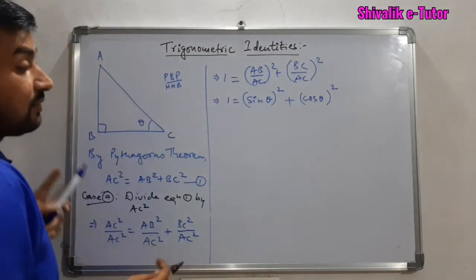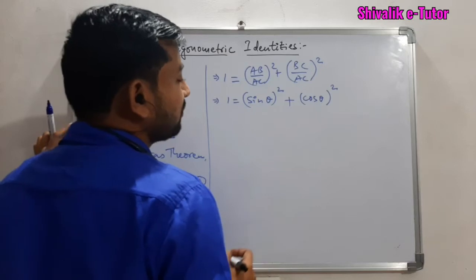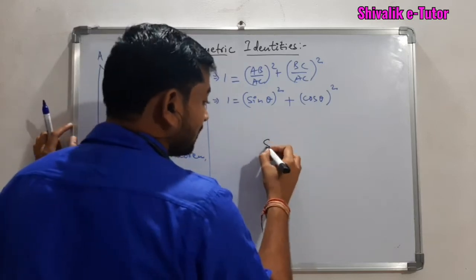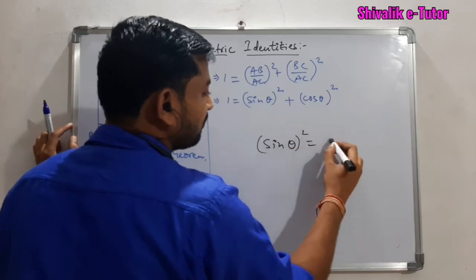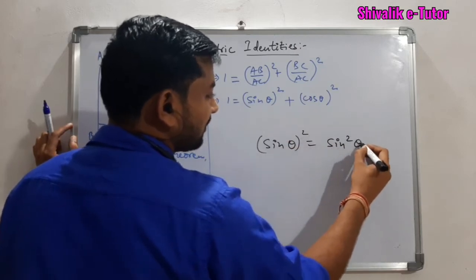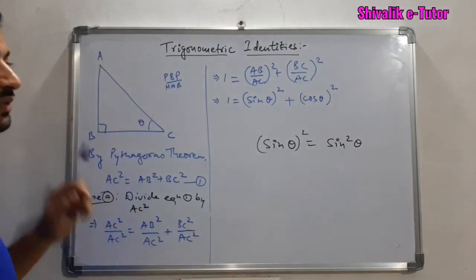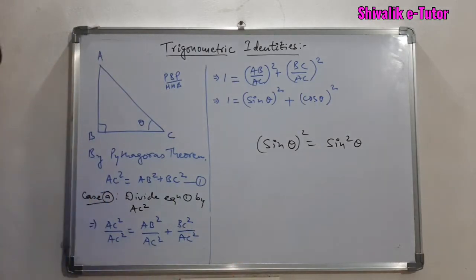Now, whenever we have a square of any trigonometric ratio, instead of writing sin theta whole square, we simply write sin square theta. This is the way to represent the square of any trigonometric ratio.